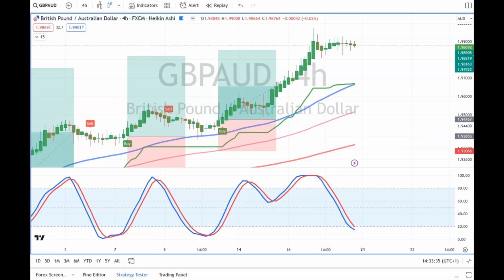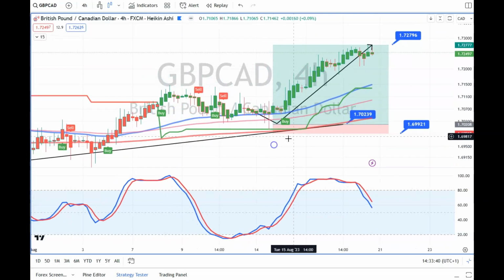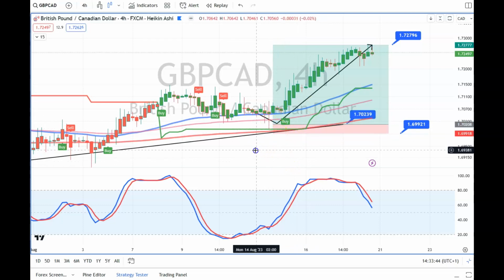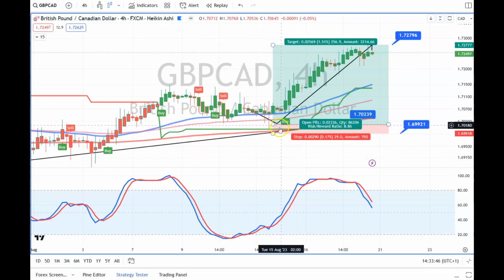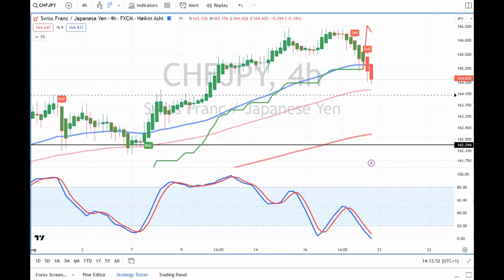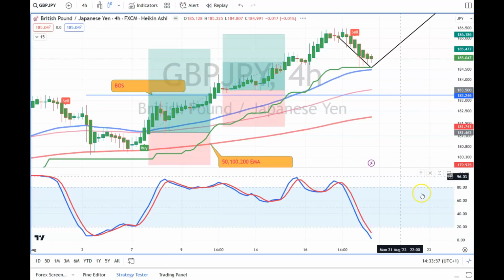Pound Canadian, I've got one. There, we had the pound Canadian this week, didn't we? Congratulations. We had 256 pips there on a sniper trade. But notice here, buy here, swing low. So let me go to the pound yen.